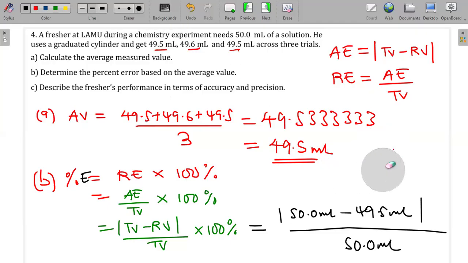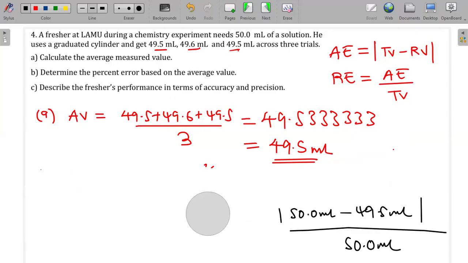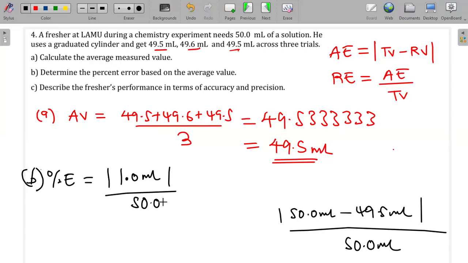Once I have that, I can just subtract and divide. So percentage error is equal to 50.0 minus 49.5. That gives me 1, but since we are subtracting, we must keep the same number of decimal places, so it is 1.0 milliliters divided by 50.0 milliliters.